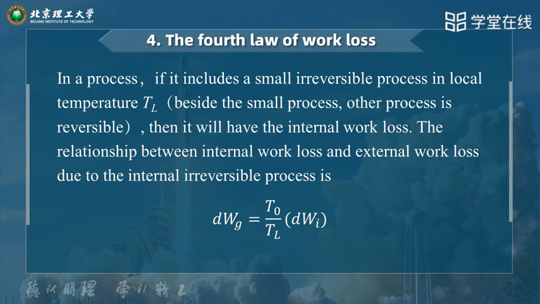The last one law of work loss is problem 4, the fourth law of work loss. In a process, if it includes a small irreversible process in local temperature TL, here I give a noticeable is TL, same as the last page, the T. Beside the small process, other process is reversible.